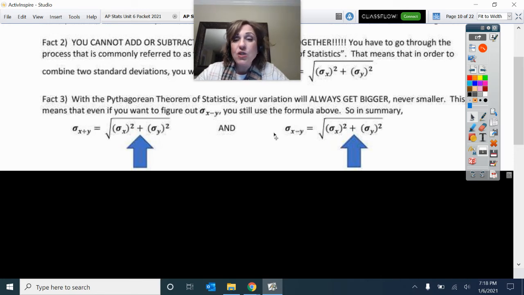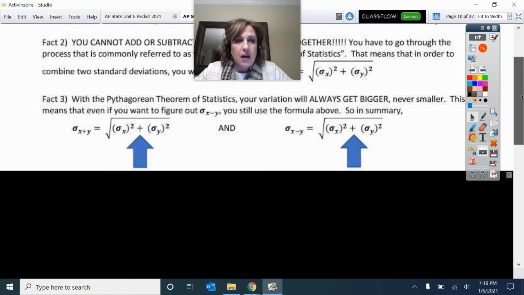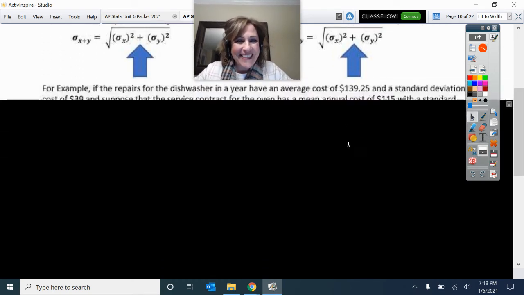So it adds whether you're adding or subtracting. And I'm going to tell you a little story about cereal and a bowl, and hopefully that will help you remember why this is the case. All right, so here we go. Let's put this into action.